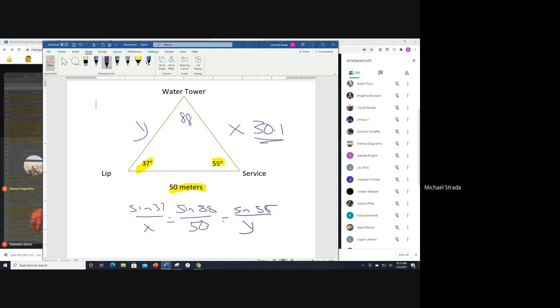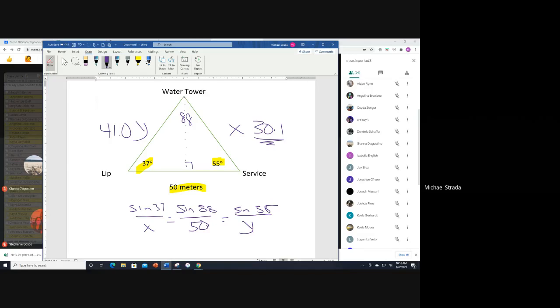All right, I'm going to do the same thing to get y. 50 sine 55 divided by sine 88. And I get basically 41.0. All right. So those are my distances they are away. Now, if we want to get the height of the water tower, remember that's the perpendicular distance. Okay, that's the perpendicular distance.